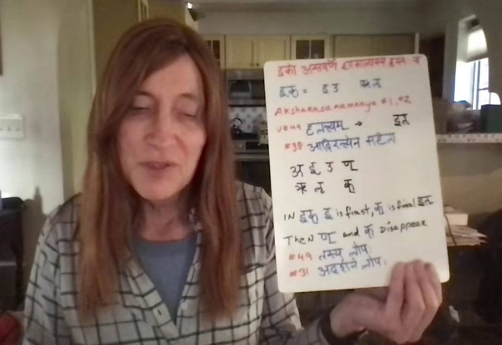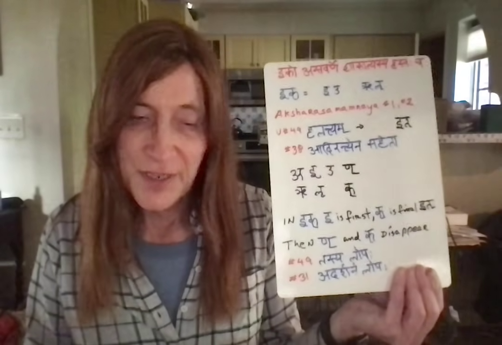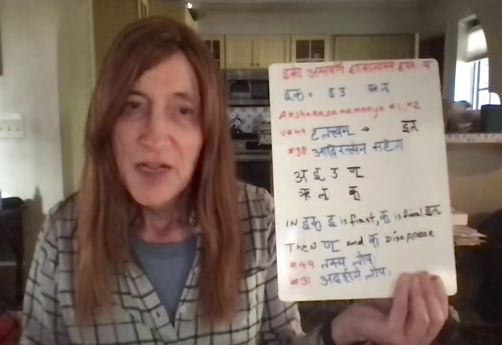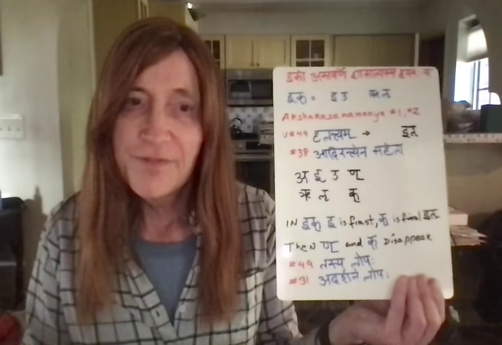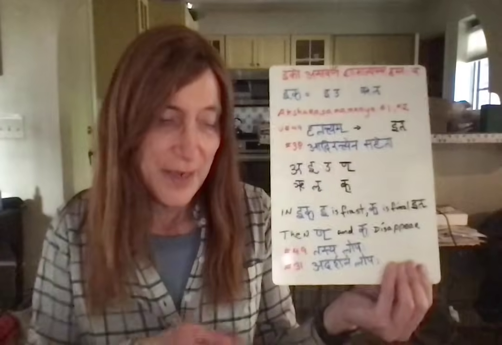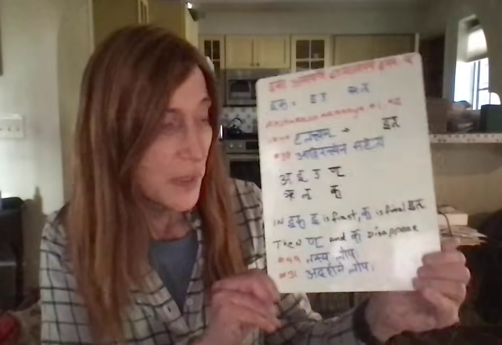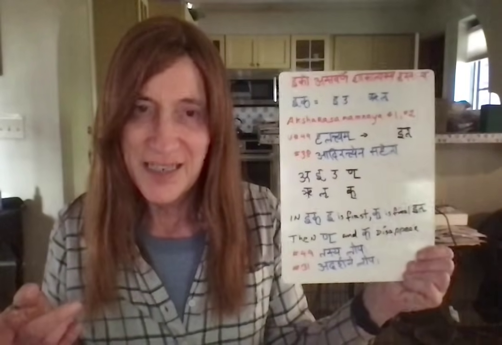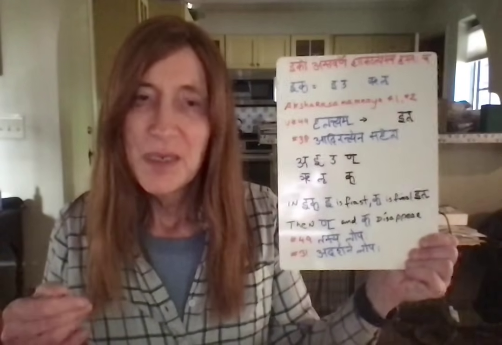So halantyam was video 49. This is video 38. Adirantyena sahita. The first along with the final it. Final it. What does that mean? Well, if we have a, I, un, n is it, it's halantyam.